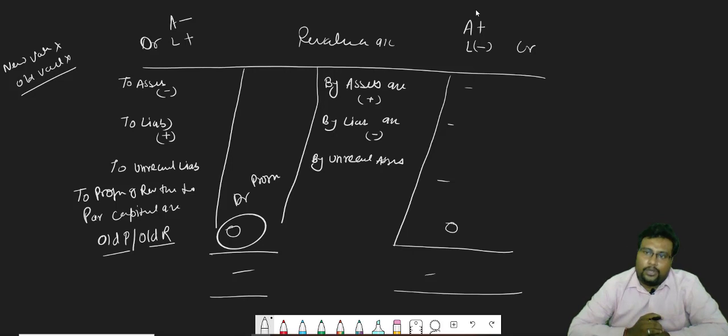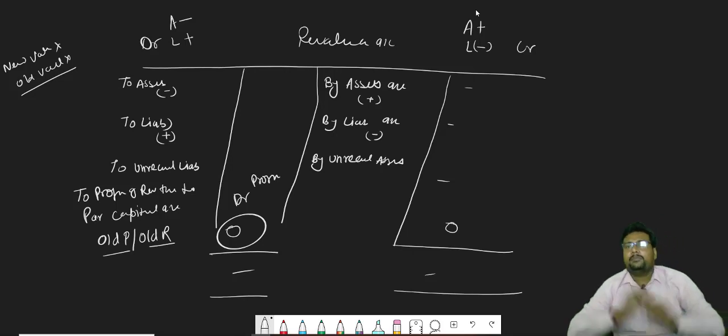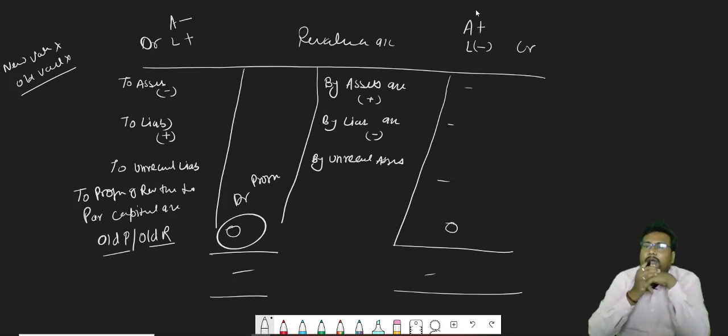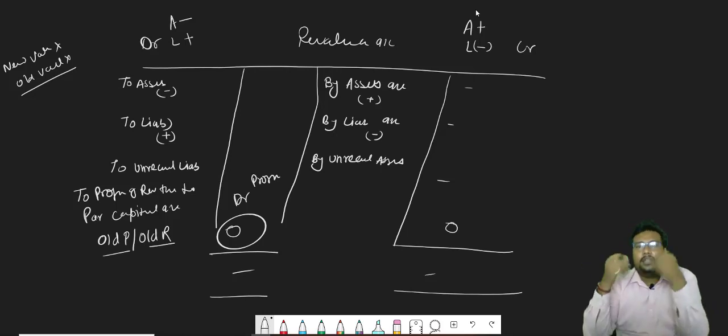Old partners, old ratio. Sometimes partners agree that the revaluation profit will be given to a specific partner completely. That is a different scenario, but generally the revaluation profit is divided between the old partners in the old ratio.